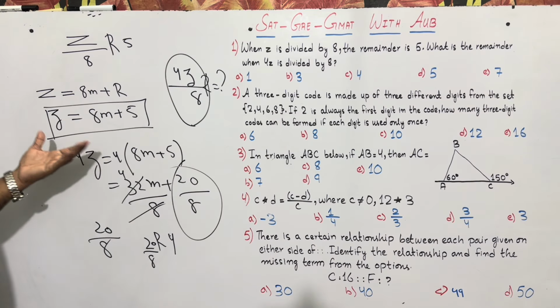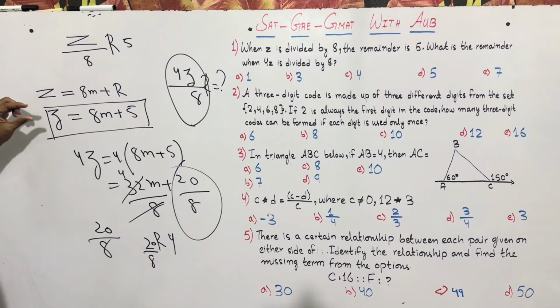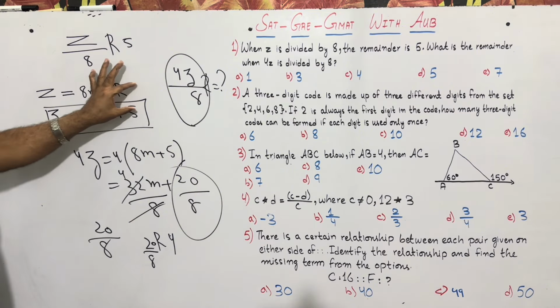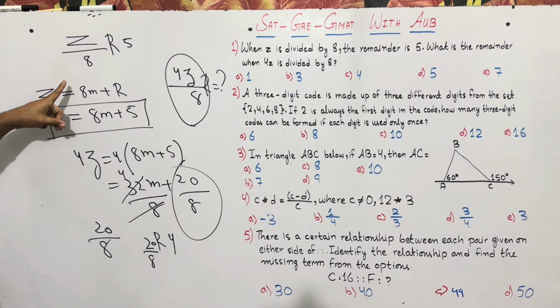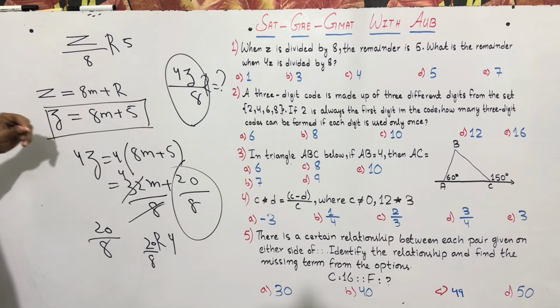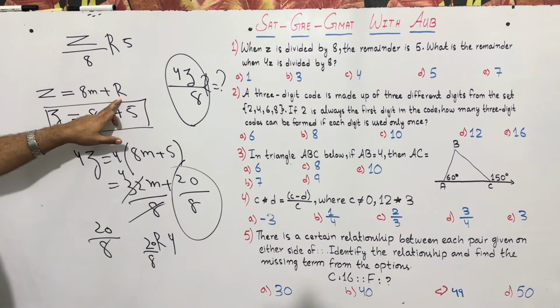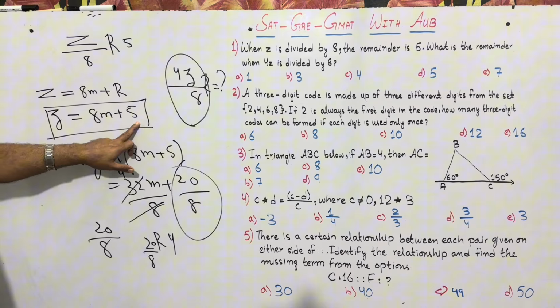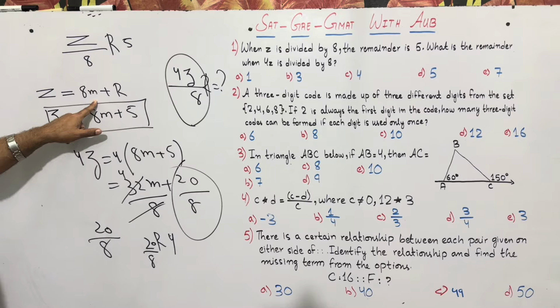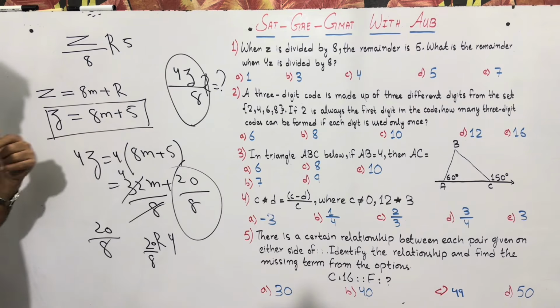That is the way to use a tiny application from number theory, the division algorithm. We have assumed that the table of 8 is applicable on z m times, plus the remainder 5: 8 times m plus 5, that's the value of z we have prepared.